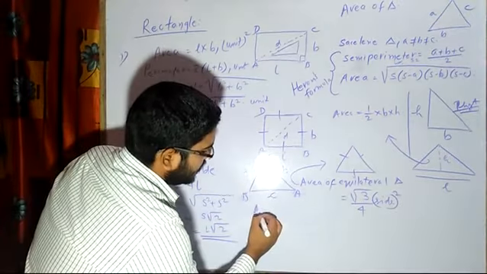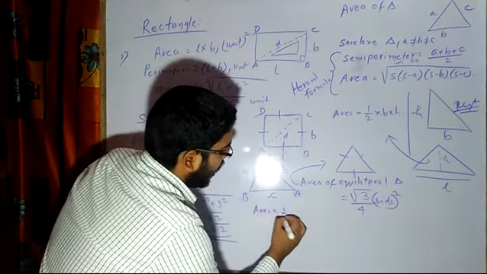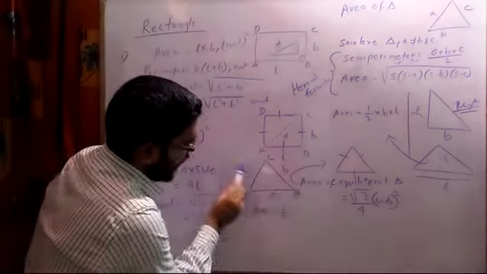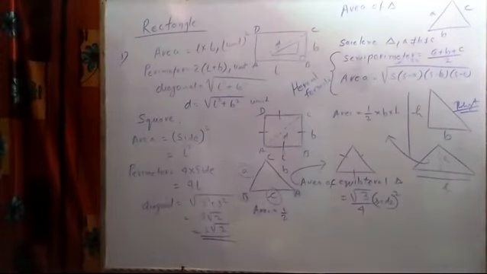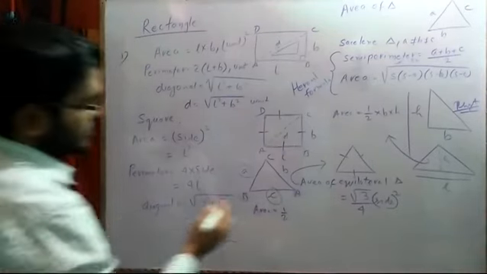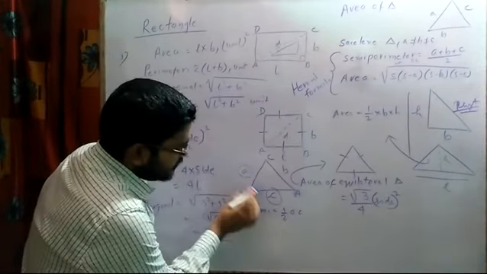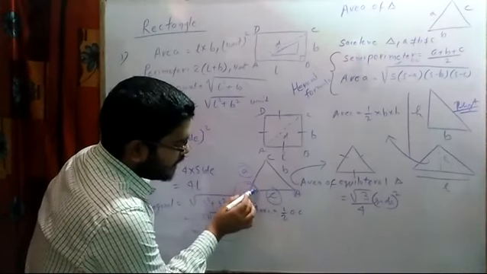So the area will be equal to half into sine. Suppose I take a and c. That means I will write a multiplied with c and the angle included between these two sides. Which angle is included?